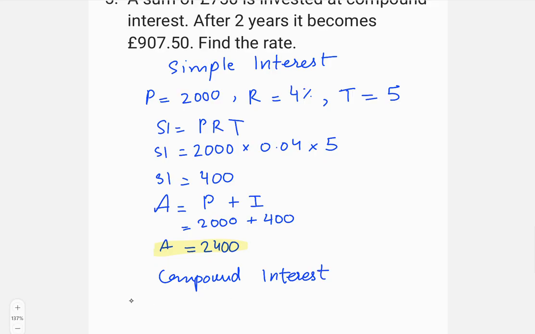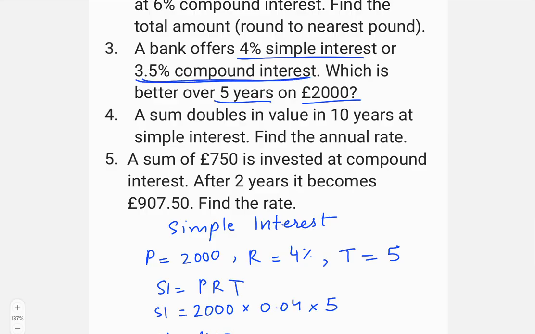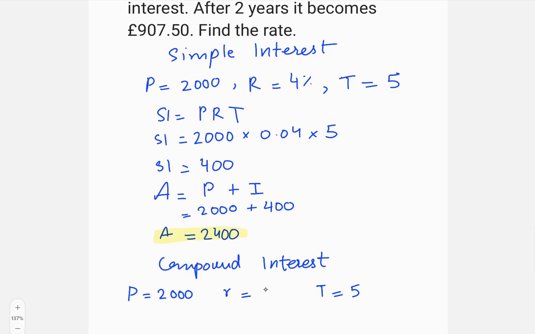For compound interest, the principal is the same, 2000. The rate is different and the time is again the same, 5 years. How much was the interest for compound interest? 3.5%. And when you change it into decimal, it's going to be 0.035.